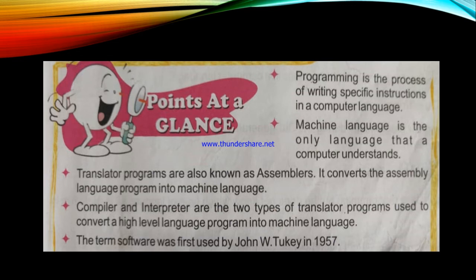That means you simply type in English. This translator program, one is interpreter, one is compiler. What does it do? The interpreter will allow you to type the first line, then the moment you press the enter key to type the next line, it will show an error if there is one. This error has to be removed immediately, like opening brackets, closing inverted commas, opening inverted commas.